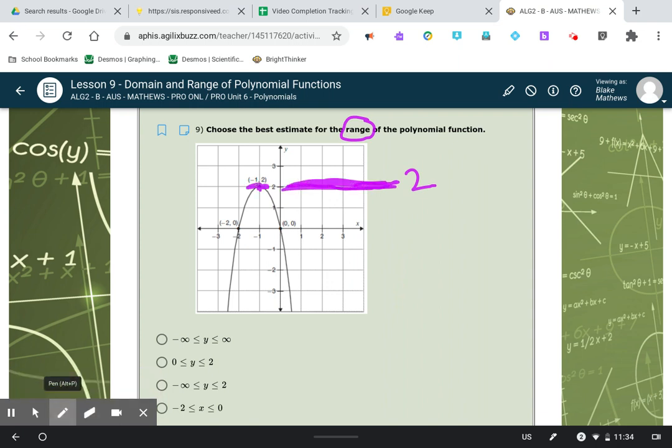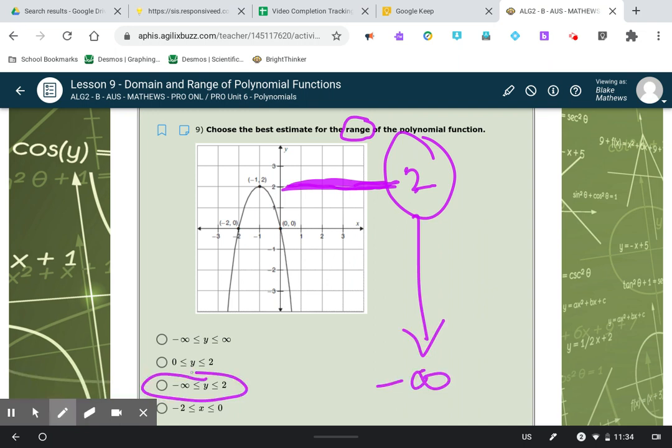So that's kind of the upper limit of our graph. So then we know that 2 has to appear somewhere in our answer. But more than that, it also continues to go down forever, which means it goes to negative infinity. So we should be looking for these two values. And if we look through our answer choices, you can see pretty clearly that this is the correct answer choice. It goes from negative infinity and stops up to 2.